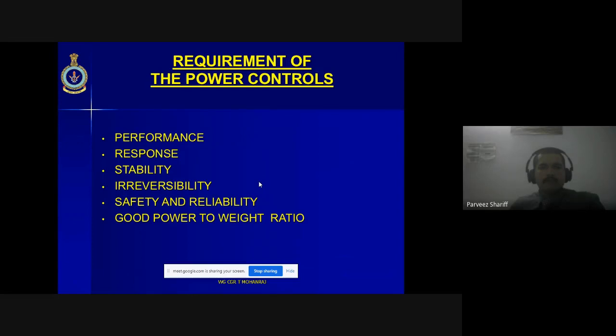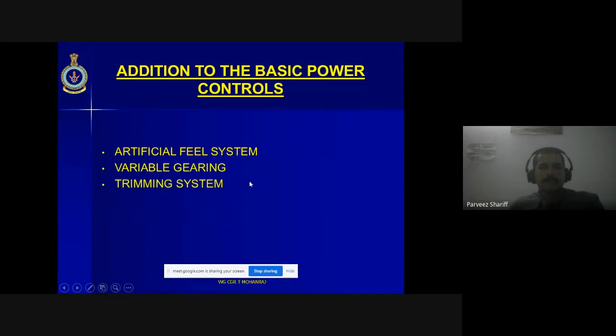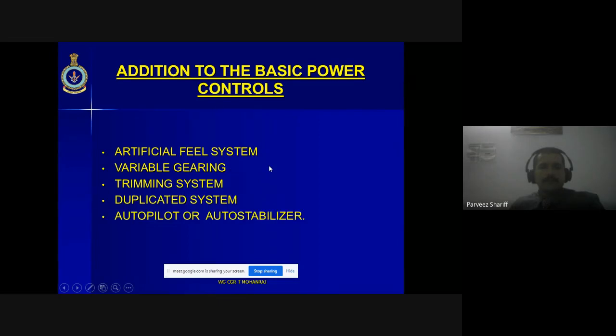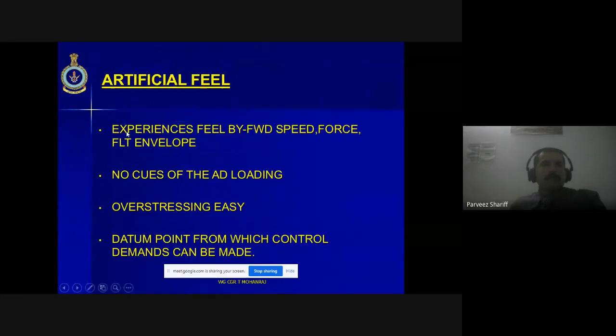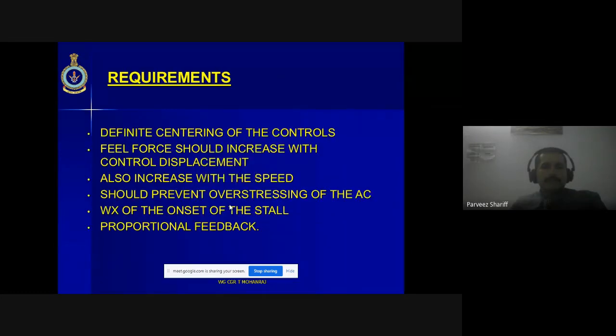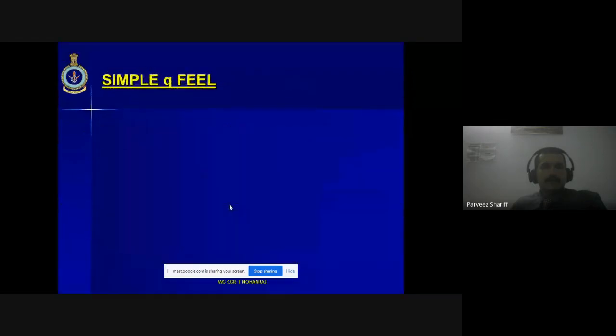The requirements of the power controls: performance, responsiveness, stability, irreversibility, safety, and reliability, good power to weight ratio. So basically, when it is controlled by a pilot, then artificial feel system, variable gearing, trim systems, all these are not required. So basically, the experience is felt by forward speed, force, and flight envelope. I will not go into much detail.